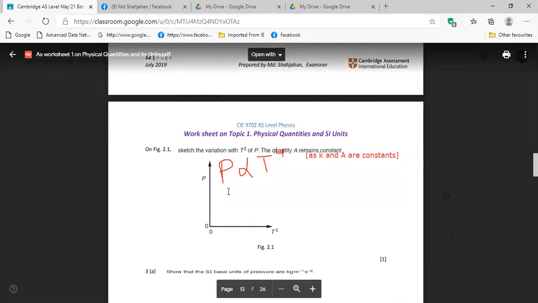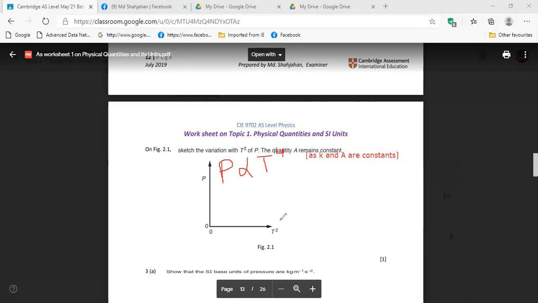Okay, look, here we have now, after this one, you see the graph is not giving you P against T to the power 4 scale. They are giving you P against T square. Your variable is T square, it's not T to the power 4. If it is T to the power 4, then it will be a straight line. Is it clear?